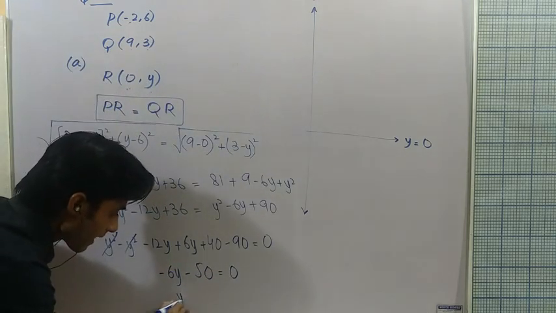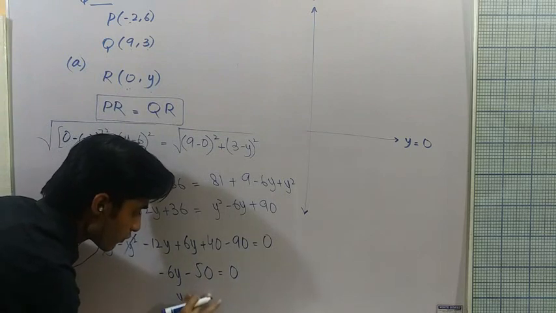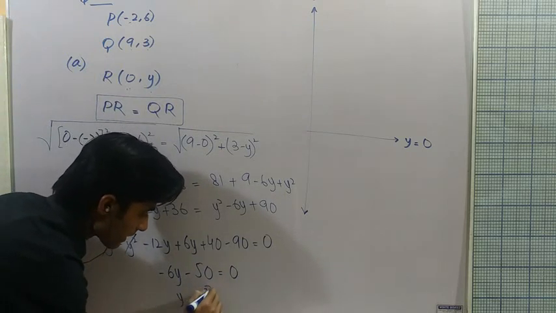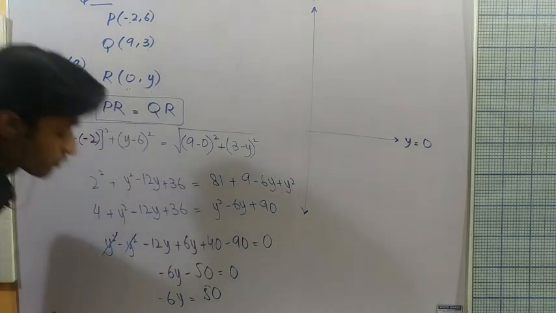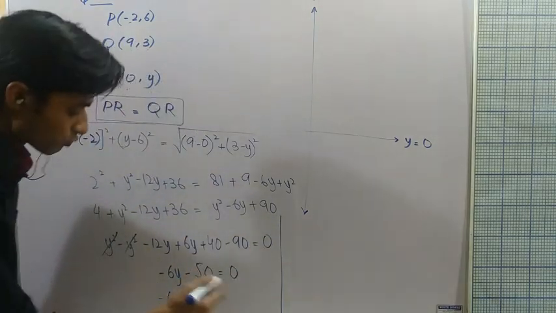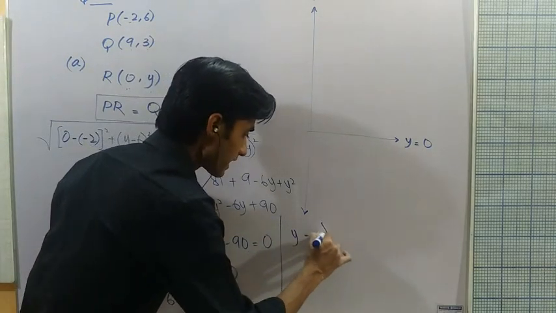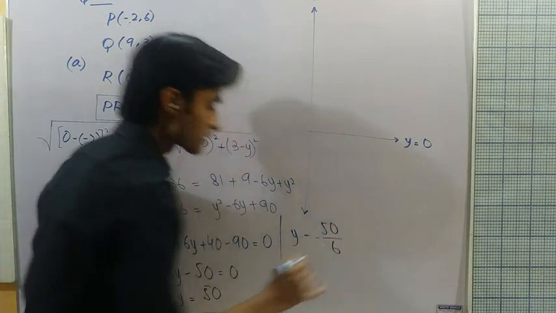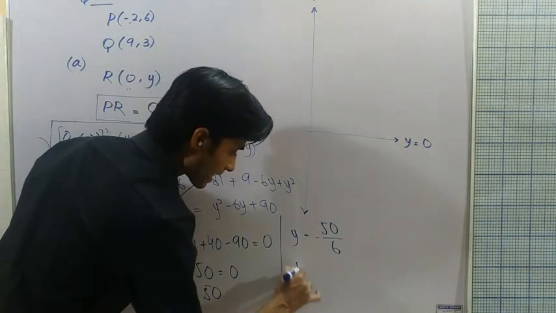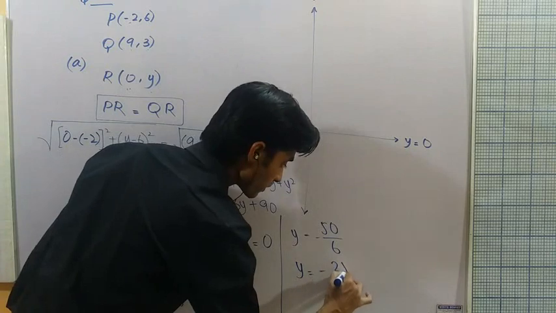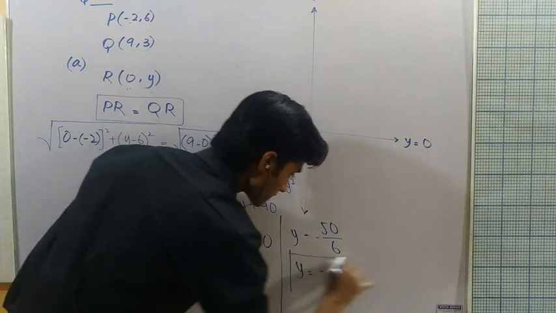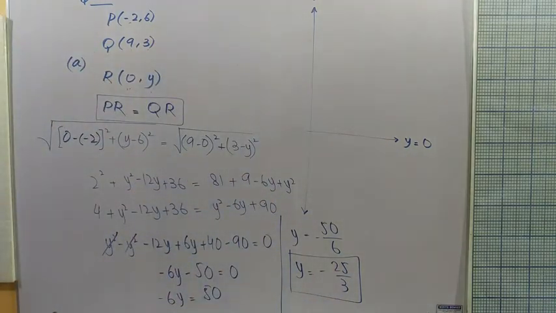In order to find the value of y, I'll take that 50 over there, minus 50 goes over there, becomes plus 50, and then minus 6 which was remaining over here, I'll move that to the other side. It will divide 50 and it will become 50 over 6 negative. 50 over 6 can be simplified and becomes 25 over 3. This is the value of y.